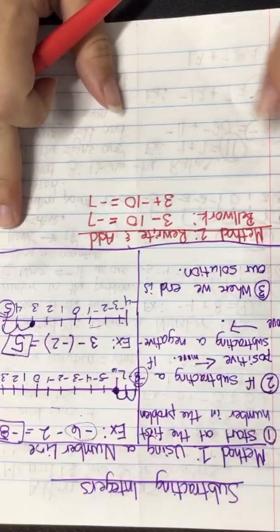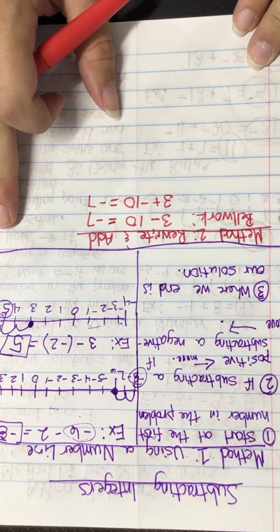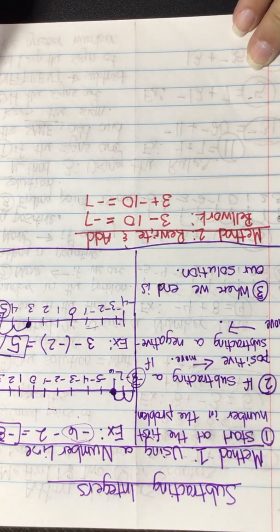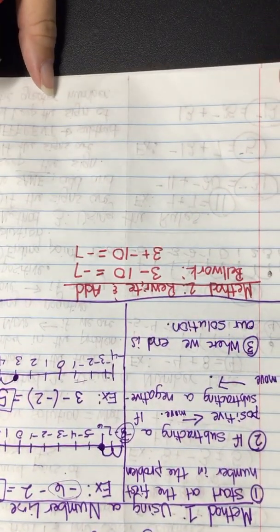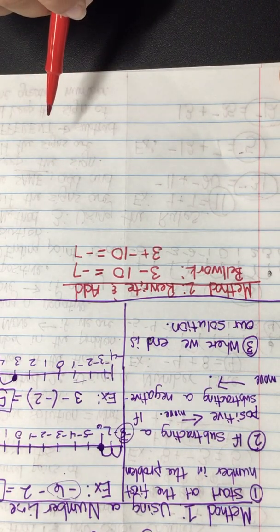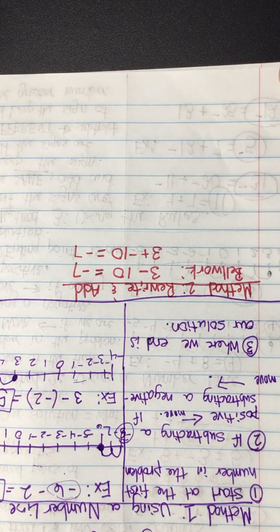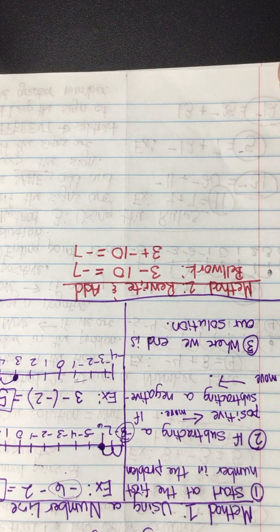We're going to use those exact same rules to solve subtraction problems. The only thing we're going to do differently is before we solve the problem, we're actually going to turn it into an addition problem. So every single time we come across a subtraction problem, we are going to rewrite the problem to an addition problem.